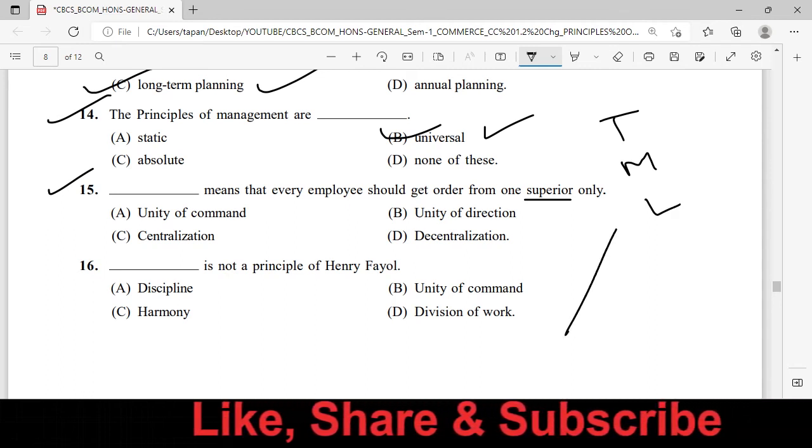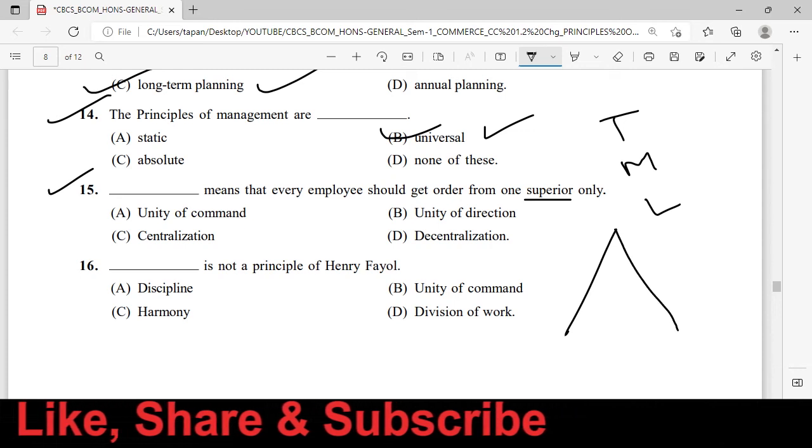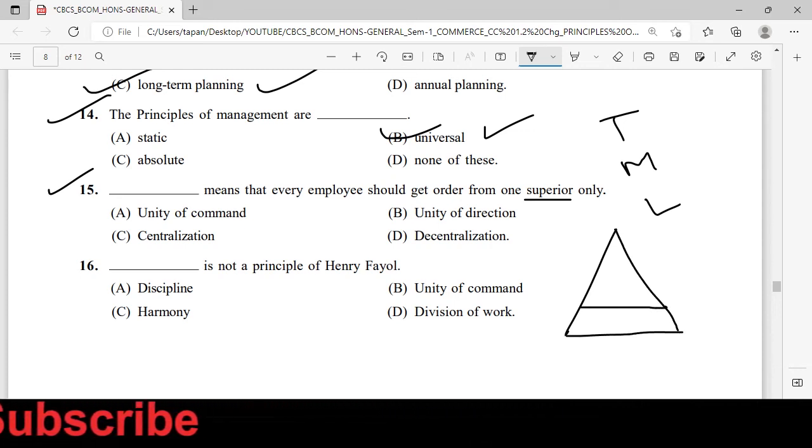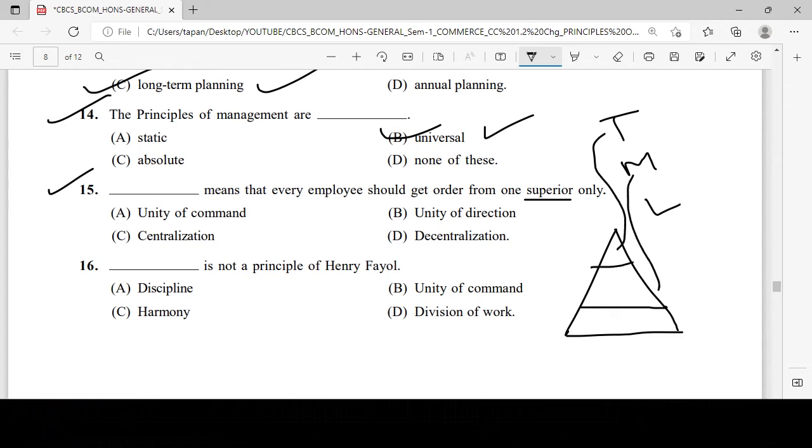If you make a pyramid, it is drawn in this way. From this pyramid you can easily see that lower level management is more expanding than middle level as well as top level.